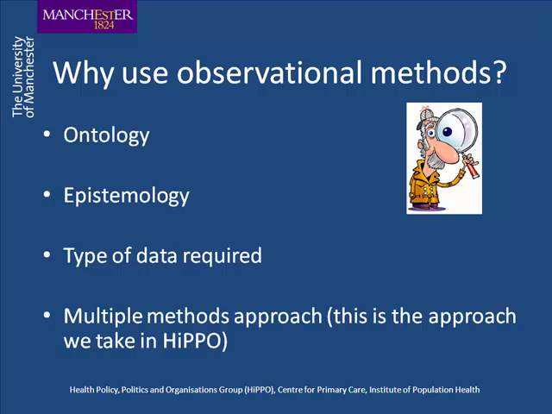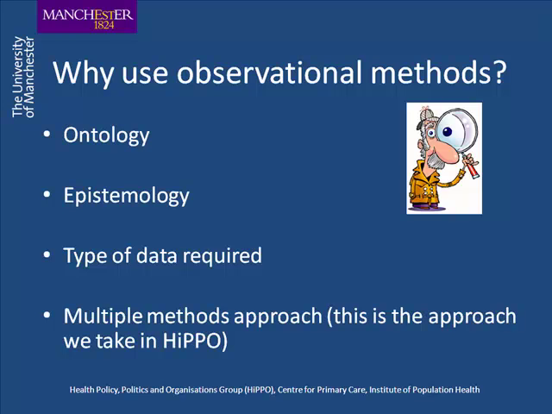Or you might just decide that the type of data you require in terms of your field work requires something more than an interview, in the sense that you need to see individuals working together within their natural context to get the right data in terms of your research questions.